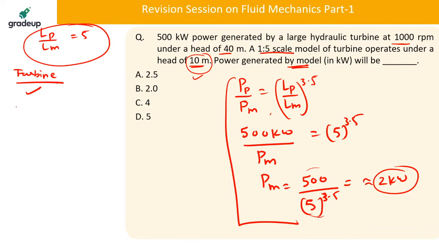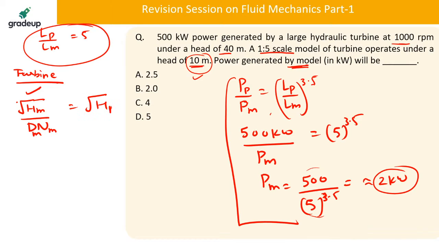It is very simple. Root of head of the model divided by D into N. This is the relation you'll be using here. Both methods can be used.